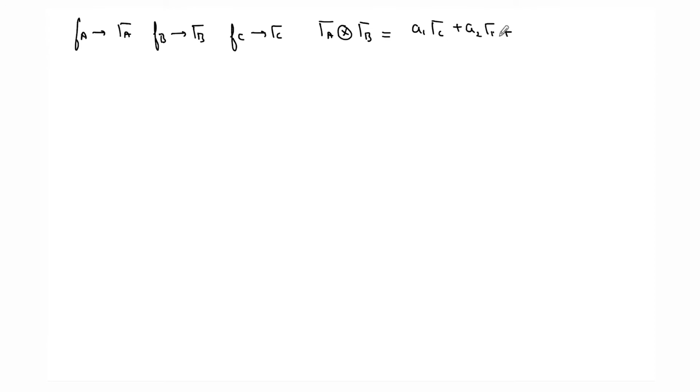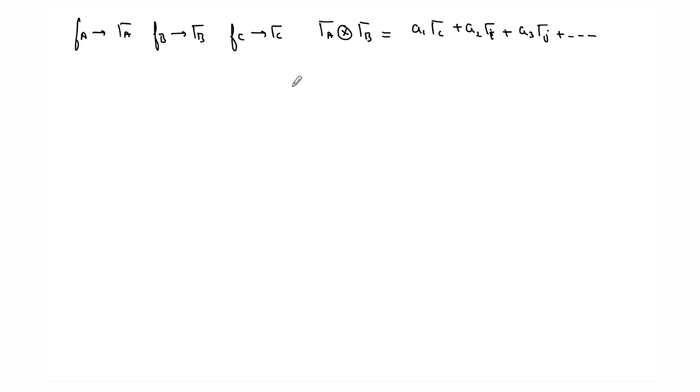So let's say we have FA as the basis for tau A, FB as the basis for tau B, and FC as the basis for tau C, and what we are trying to calculate is the direct product of tau A and tau B, that may contain A1 times tau C plus A2 times tau I plus A3 times tau J, and so on.